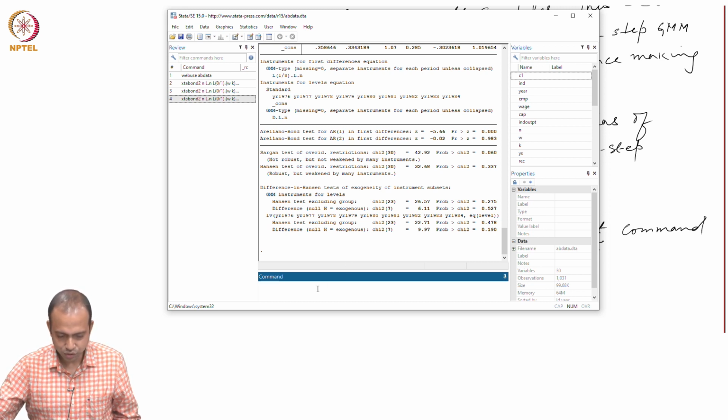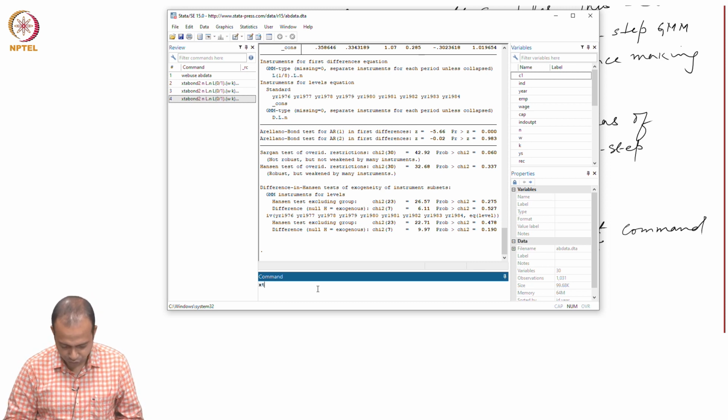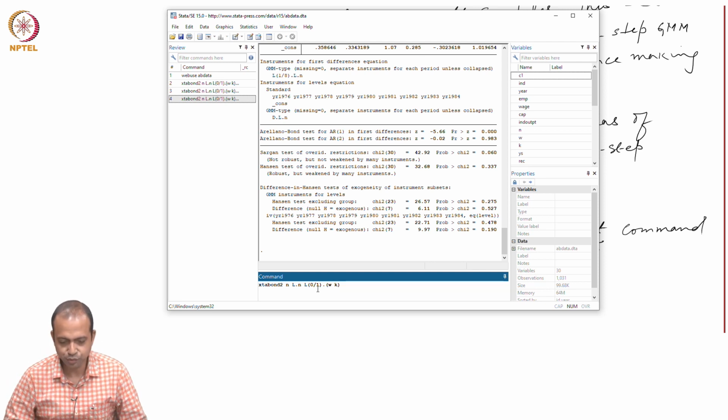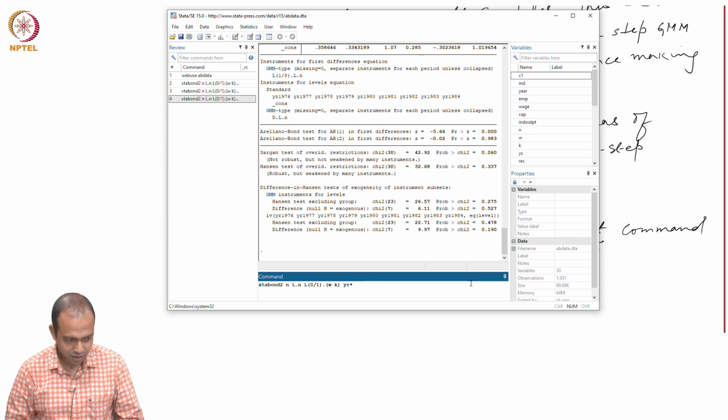So, let us put xt upon 2, and then L dot in and capital L 0 by 1, and then W and K. These are my exogenous variables, also YR star, and then I have GMM.